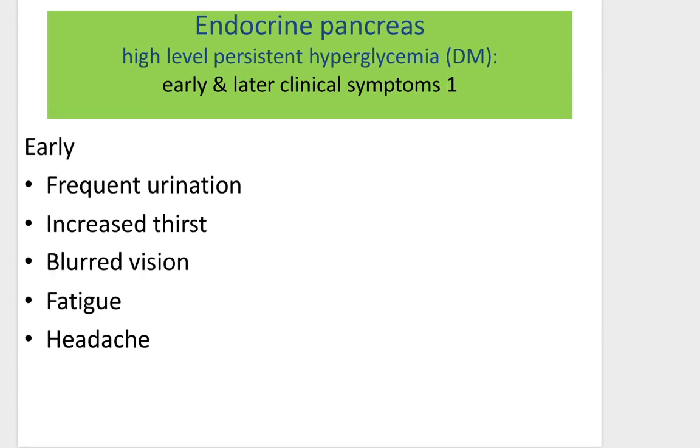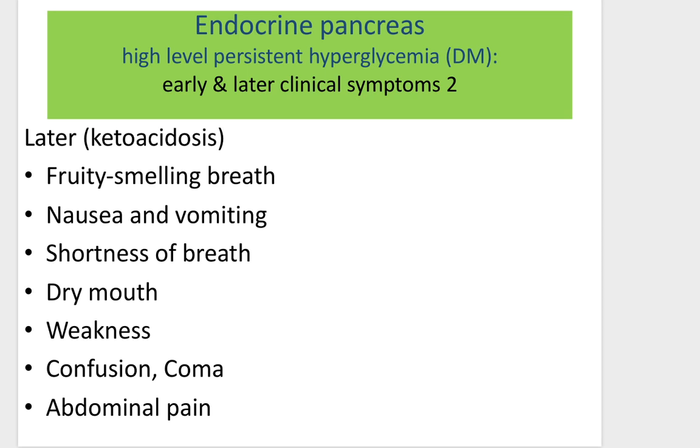Early clinical symptoms. In early stages of the disorder, it can be frequent urination, increased thirst, blurred vision, fatigue, headache. They are connected mostly with ketoacidosis, which is more typical for type 1.